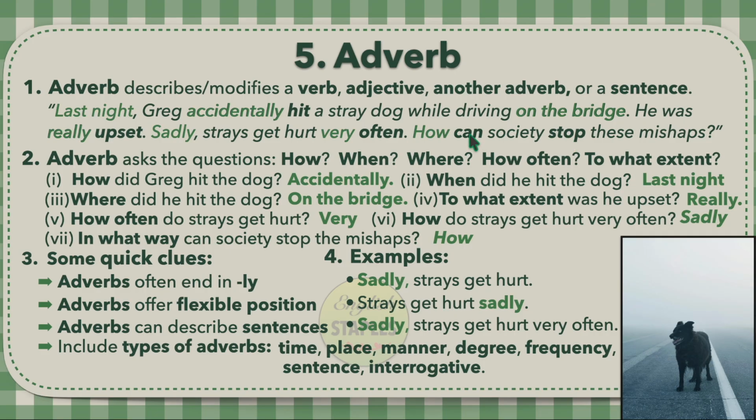Can is the auxiliary, and stop is the main verb. Together they make the verb phrase, and that's what how is modifying. Sadly is modifying the whole sentence. So we see that an adverb can modify a sentence.